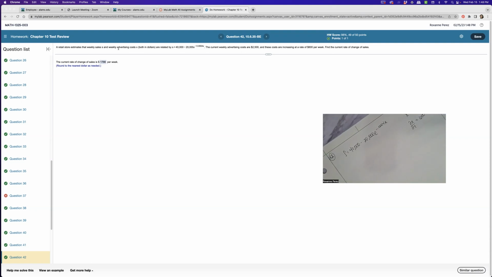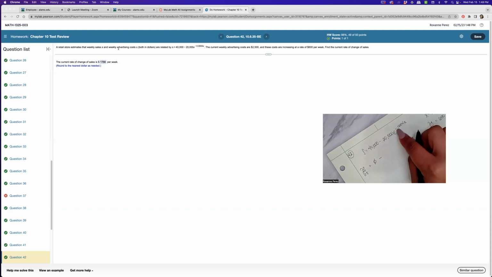So the first thing we're going to do is take the derivative of this function. We need to calculate the derivative of S with respect to time. The derivative of a constant goes to 0, minus the derivative of this e value, it's e to the x times the derivative of this exponent.